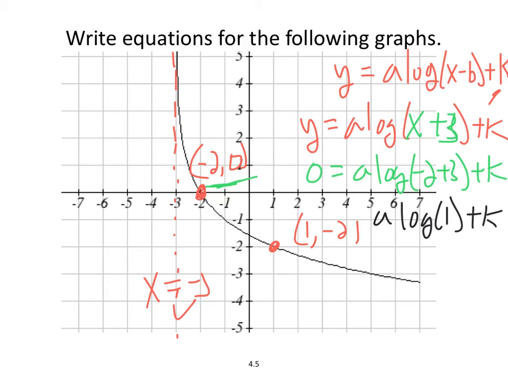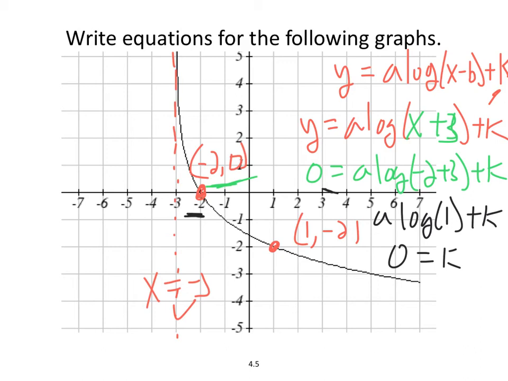Isn't that 0? So that means 0 times a is 0. So 0 does equal k. So there's no up-down shift. Usually you can kind of spot that. See how this is 1 away from the vertical asymptote? If there's an up-down shift, usually that'll change. But like I said, I'm not going to have you do that.